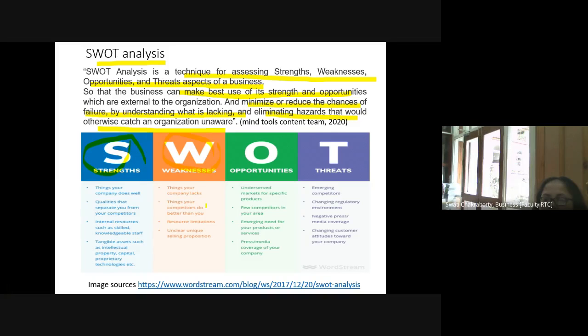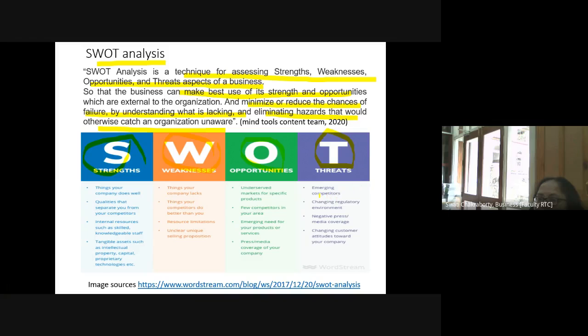W stands for weaknesses, that is, things that the company lacks, things that the competitors do better than the organization, resource limitations, unclear USP, unique selling proposition. O stands for opportunities: underserved markets for specific products, few competitors in the area, emerging need for the products and services, and press or media coverage of the company.